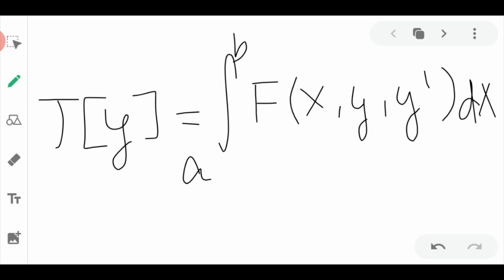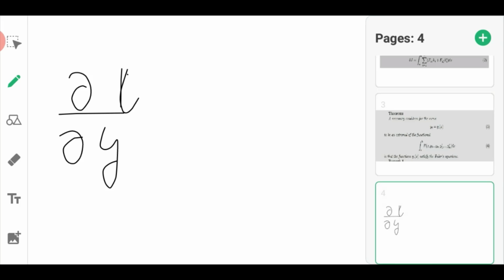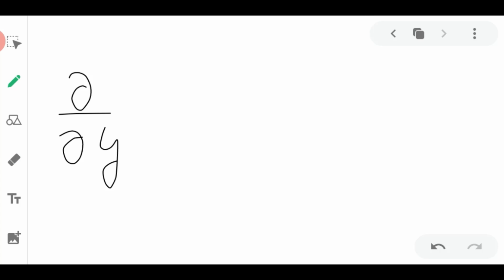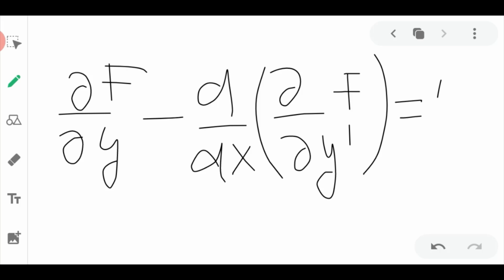The Euler Lagrange equation was: del F over del y minus d over dx of del F over del y prime is equal to 0, which is a second order differential equation, and we have boundary conditions on the function y, which were y of a is equal to A and y of b is equal to B.